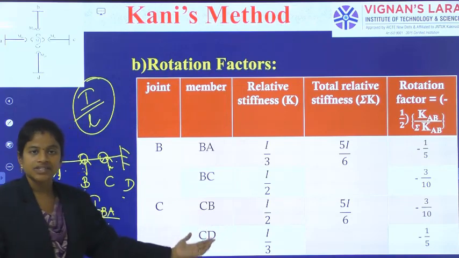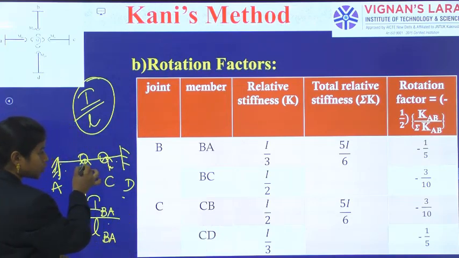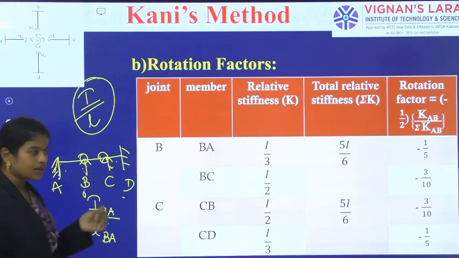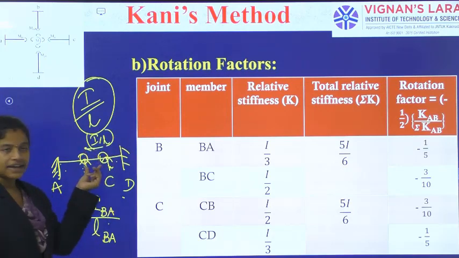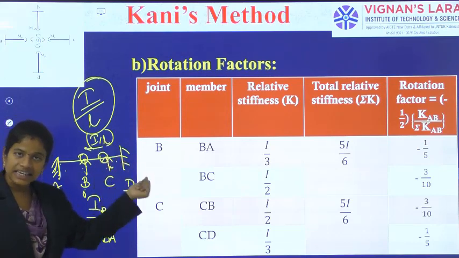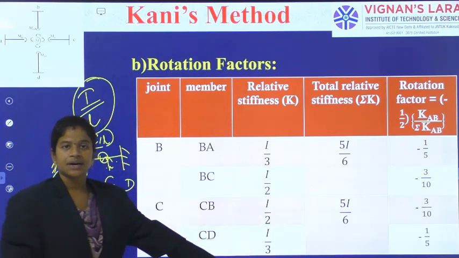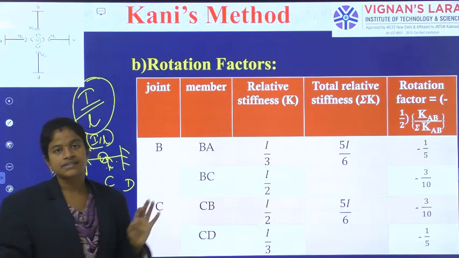And then for the next joint, CB and CD: from C towards B, with B as an intermediate hinge, no problem, simply I by L, I by the length of the member, 2 meters. And from C towards D, as D is a fixed end, again the moment of inertia by the length of the particular member. In this way the relative stiffness calculation was over.